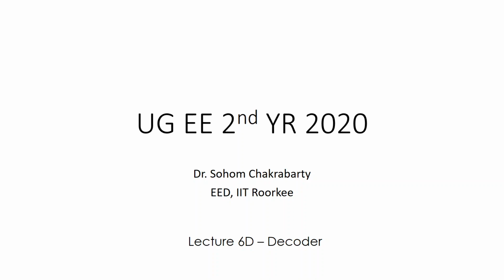After going through some of the arithmetic circuits using logic gates, we would now dive into some circuits which are also treated as basic components, some fundamental components of combinational circuits.